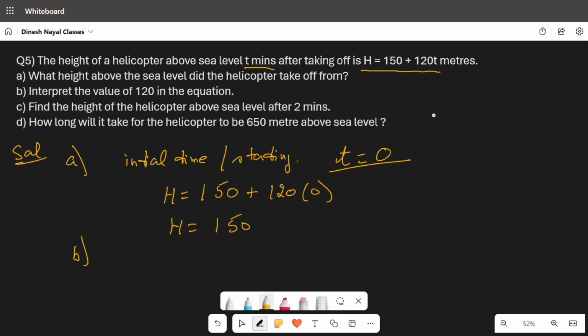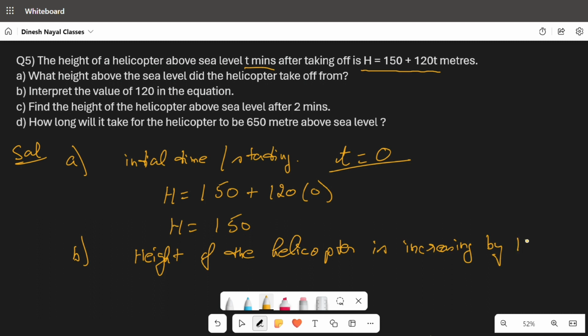So that means the height of the helicopter, because the helicopter is rising up, we say that the height of the helicopter is increasing by 120 meter every minute. That's the rate of ascent of the helicopter.